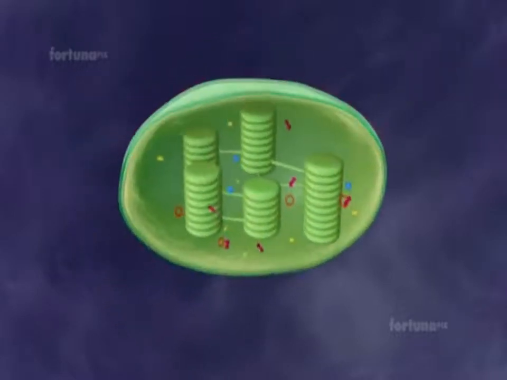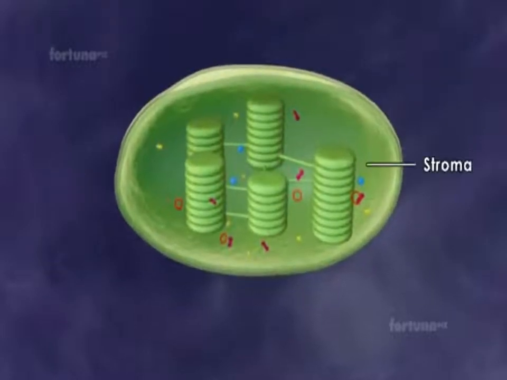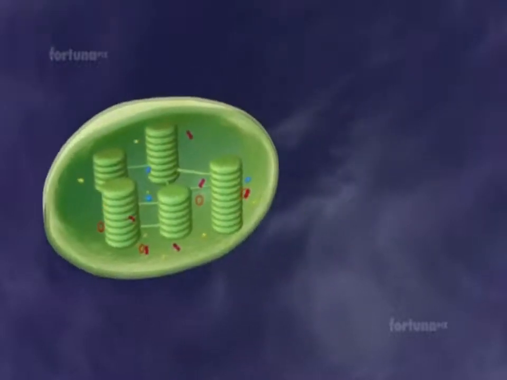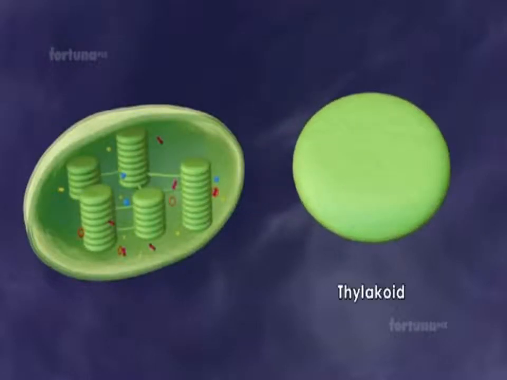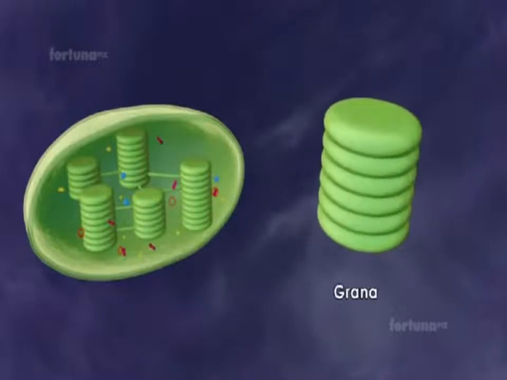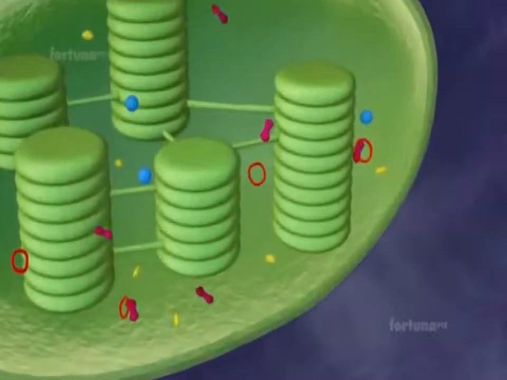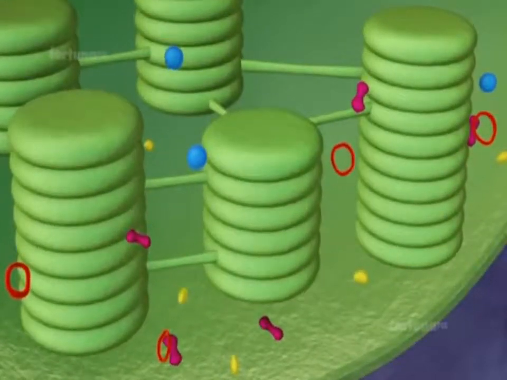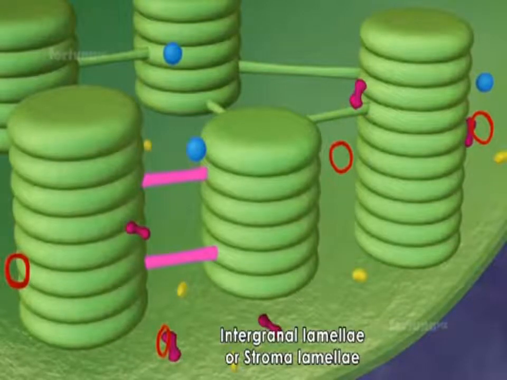Inside this inner membrane is a matrix of enzymes and water known as stroma. Inside the stroma, there are membranes folded into discs called thylakoids, which are arranged in stacks called grana. Two adjacent grana are joined to one another by lamellae called intergranal lamellae or stroma lamellae.